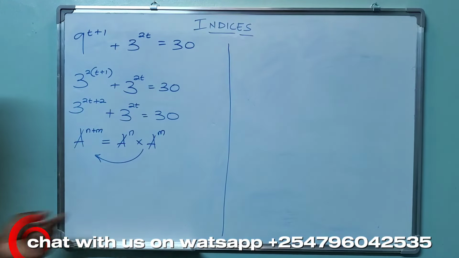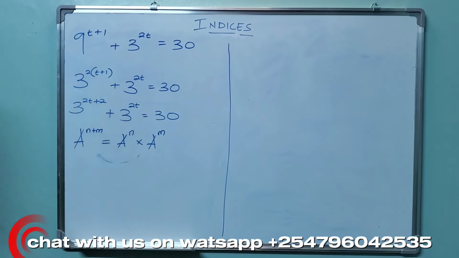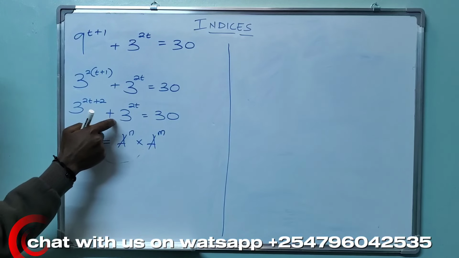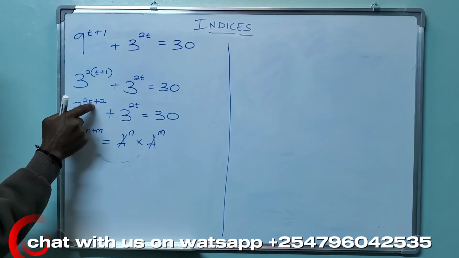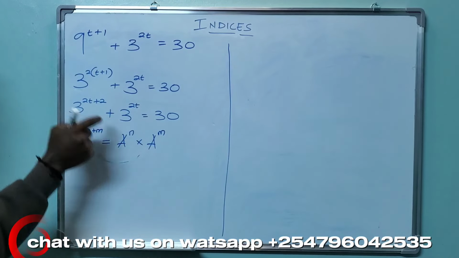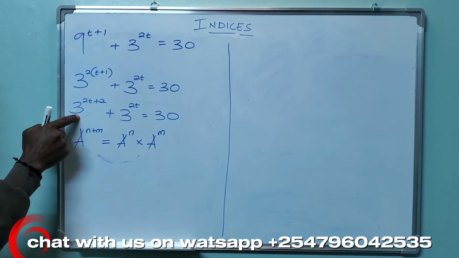Now, we are going to do this to this one here. So I'm going to split this one, because it has a plus in the power. So because this one is in this form, I'm going to split it like this. This 3 is going to be the common base.